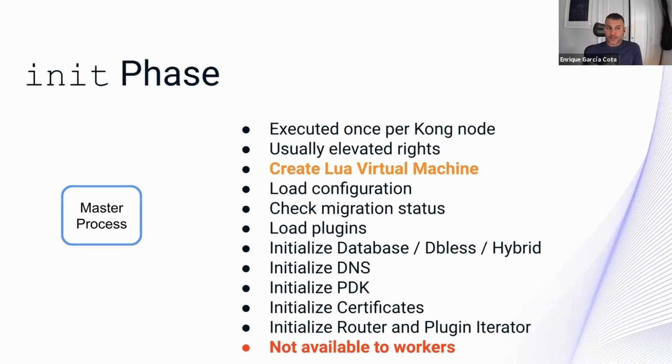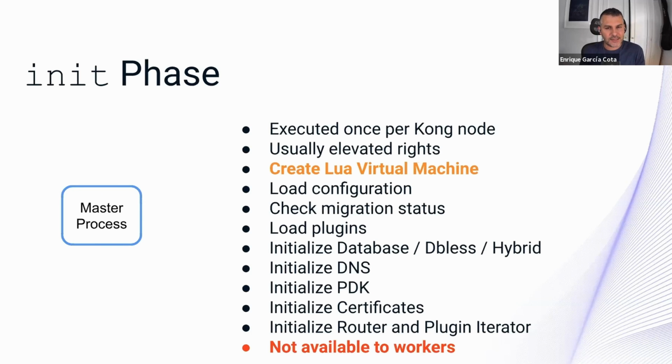So I mentioned before that the virtual machine is created by the master process and then gets copied. This setup was one of the most confusing things for me to understand when I was trying to develop my first plugins.